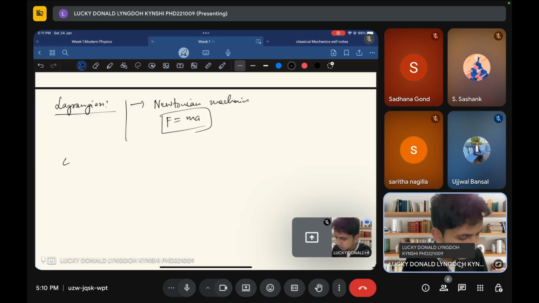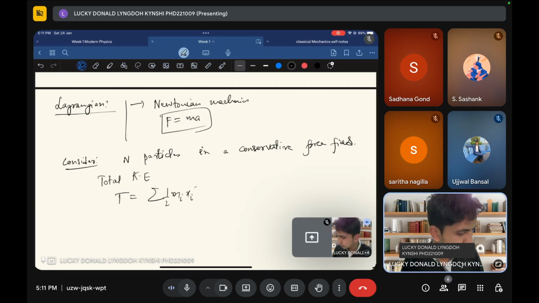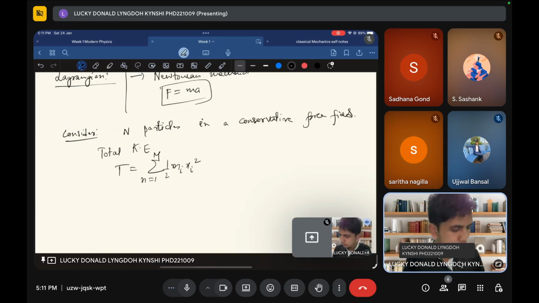For example, consider n particles in a conservative force field. The total kinetic energy of the system will be T equal to the summation of half m_i x_i dot square, with i from 1 to n.